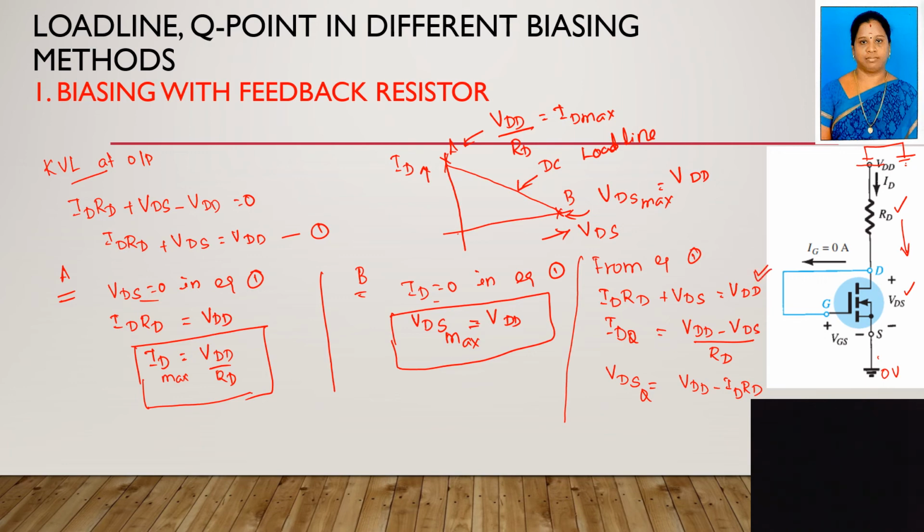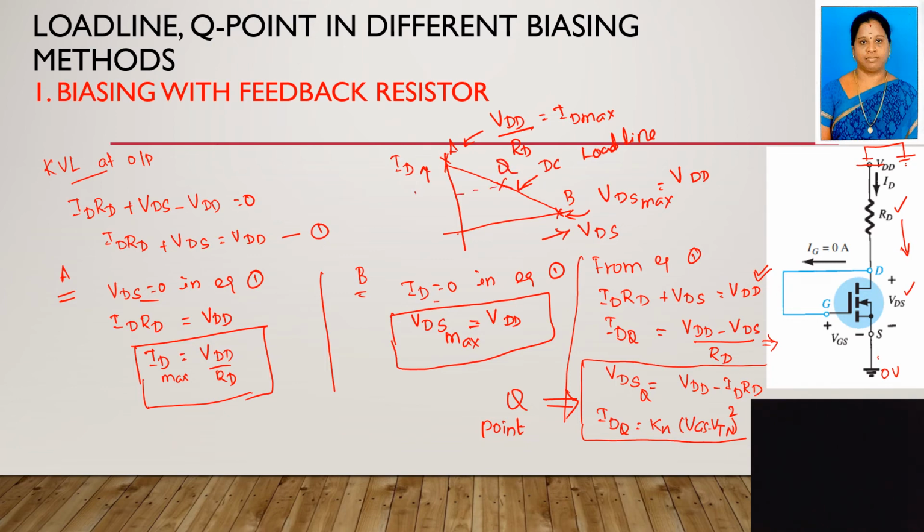So, instead of using this equation, we have to use the ID equation, which is IDQ equal to the general equation, Kn into VGS minus VTN whole square, right? If you are using these two equations, you can easily find the Q point value. Q point is always located at the center of the DC load line.